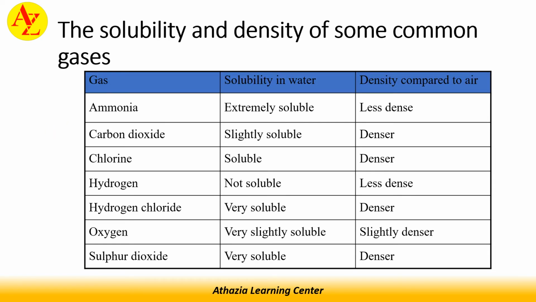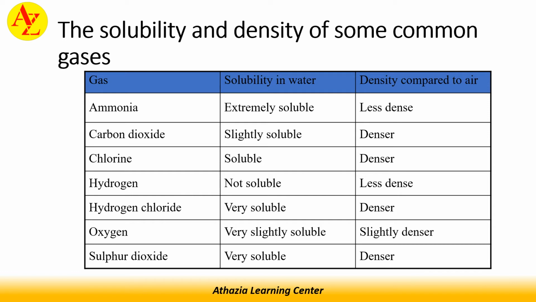These are the properties of some common gases. Ammonia is extremely soluble in water, but less dense than air. Carbon dioxide, slightly soluble in water and denser than air. Chlorine, soluble in water, denser than air.